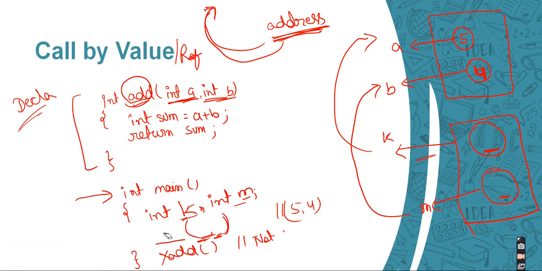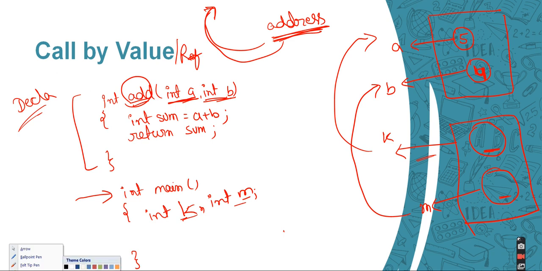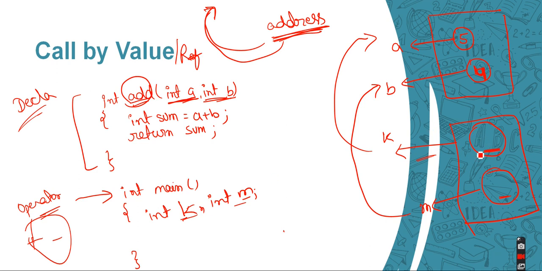What is an operator? An operator is a symbol which is going to help us. I am going to explain operators in detail, but for now you can say these are symbols just like plus, minus. These are all termed as operators which perform a specific task. In the same way, we are going to use the address operator. What the address operator does is that it is not going to return the value directly.